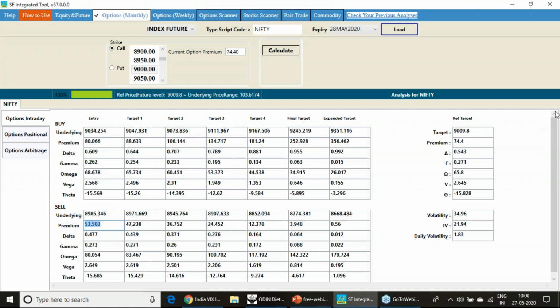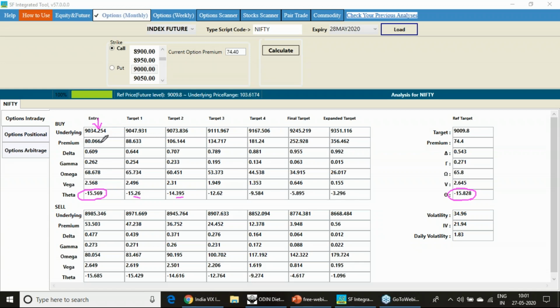One more important thing it is telling here. Currently it is at 15 rupees 82 paisa theta. The moment Nifty goes to 9035 level, this theta decay is factored here, 15 rupees 60 paisa, 15 rupees 26, 14 rupees 39. Different targets, you have different theta. So theta is also dynamically deducted.